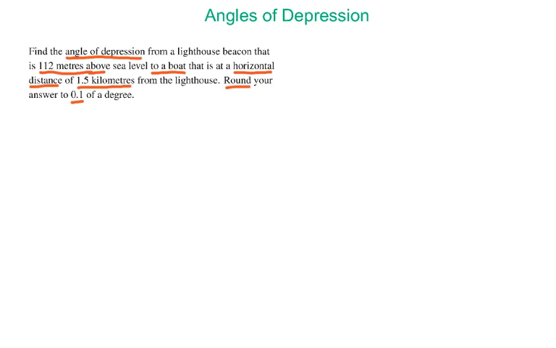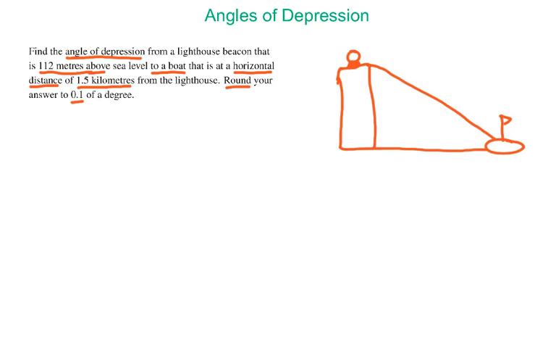So let's start with our diagram. So we have our lighthouse, and we're talking about how it's staying at the top of our lighthouse. I really do apologise for my drawing. And there is a boat down here. And look, I've created a right angle triangle.